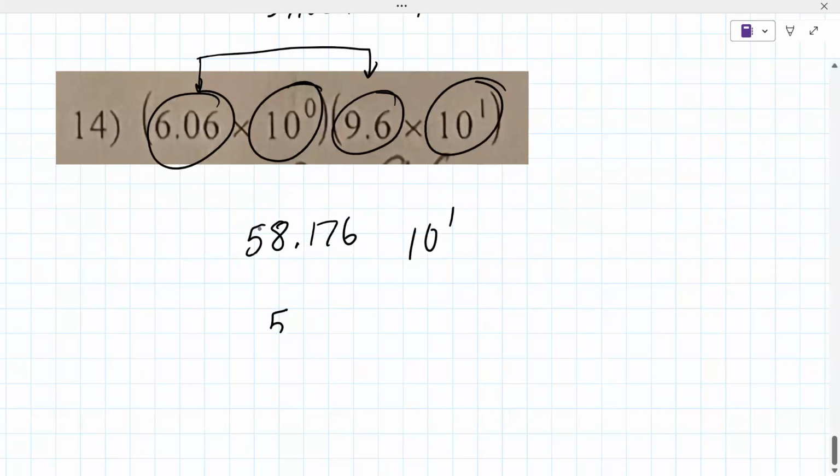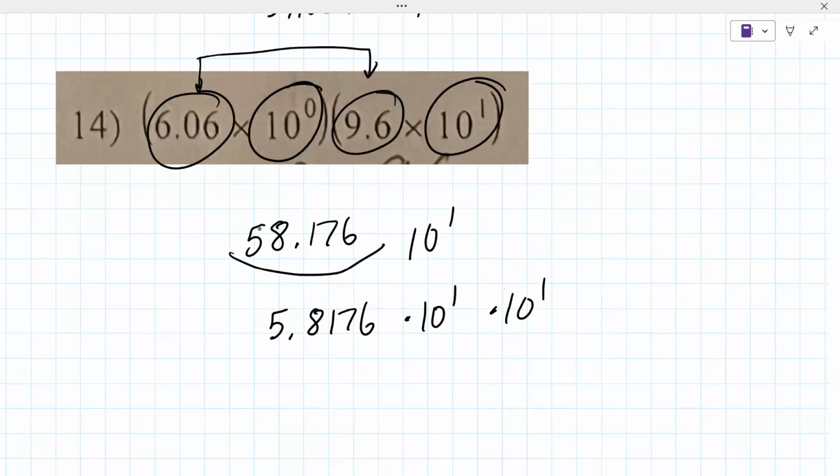Right, and then you move the thing over, so it becomes 58 times 10 to the 1 times 10 to the 1. So then it's just times 10 squared.